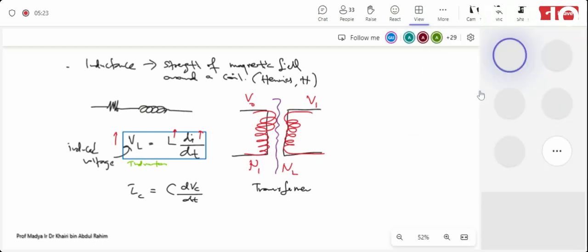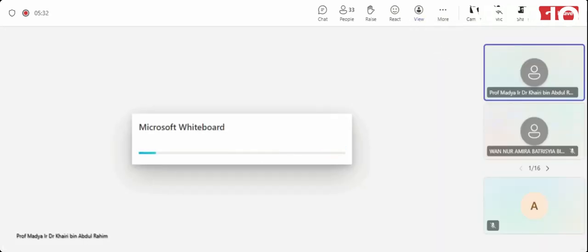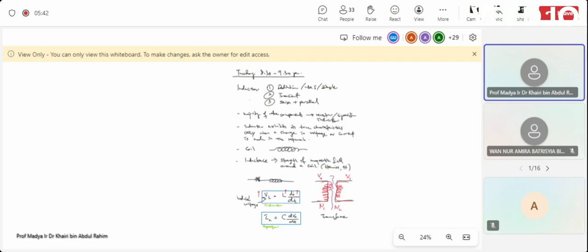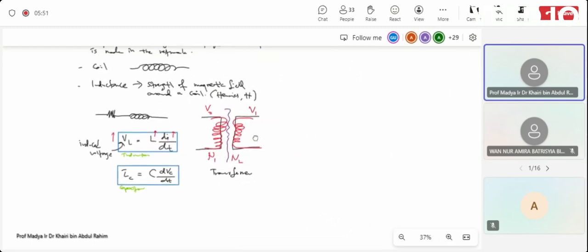Okay, so similar to inductors, this is capacitor. Okay, so the higher the capacitance, the higher the change in the voltage across the capacitor, which means the higher the current, okay, the induced current. So for inductors, it's also the same. We have VL equals L di over dt. So that's the basic concept of inductors.